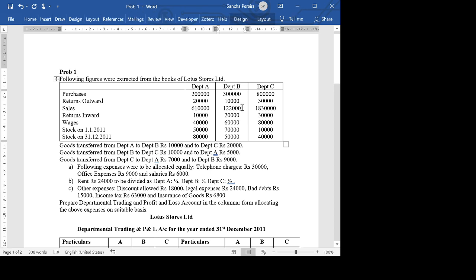I think I've got the figures slightly wrong to the problem. Just give me a minute.